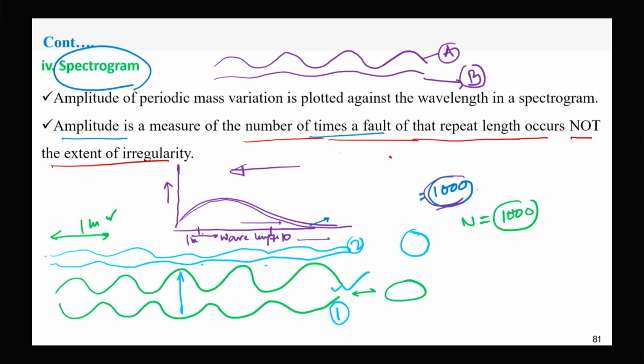So what will be the location of wavelength or shape of the spectrogram? So location will be 1 meter, because 1 meter is the wavelength, and the number of repeats in both the cases is 1000.